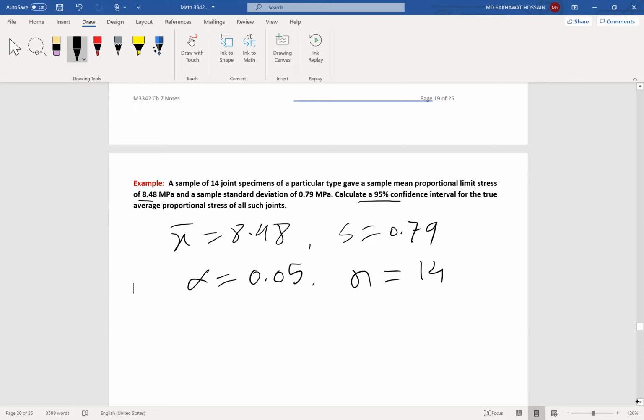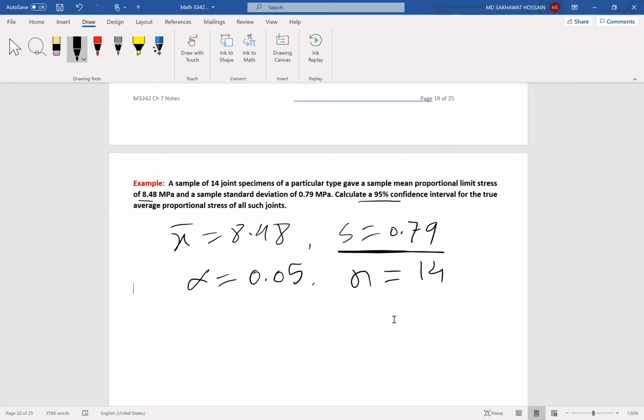So which confidence interval should we use in this case? Can anyone tell me? T distribution, yes. So why T distribution? The first thing is, whenever you see S, be careful.